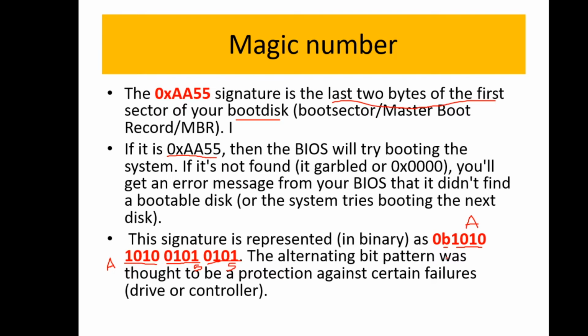We can observe that an alternating bit pattern of zeros and ones has been used here. This ensures some sort of protection against certain failures in the disk, the drive or the controller. In order to visualize it, they have given this pattern. Whenever this pattern comes into the system as a magic number, it indicates this is a valid code for booting this BIOS.